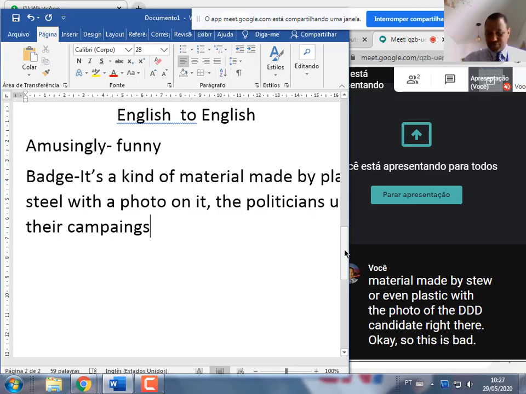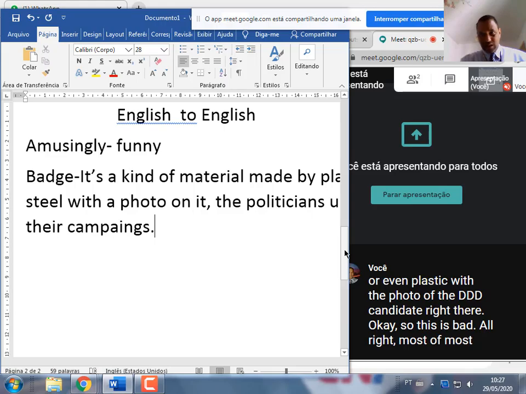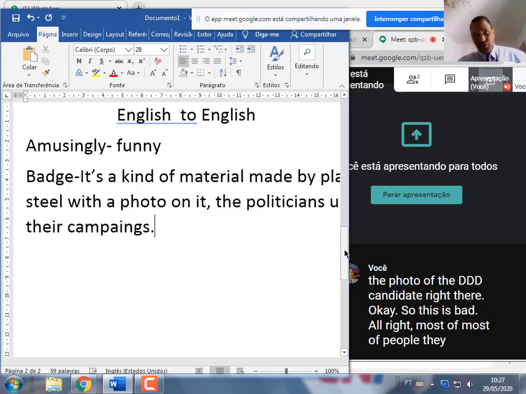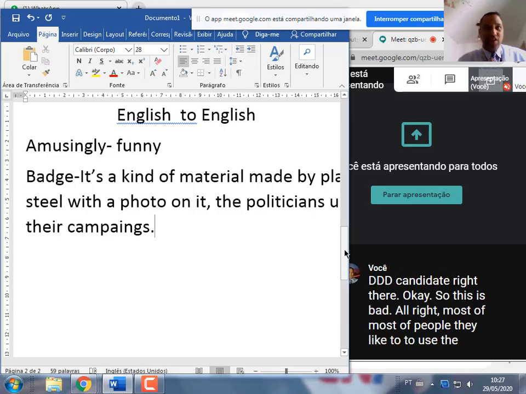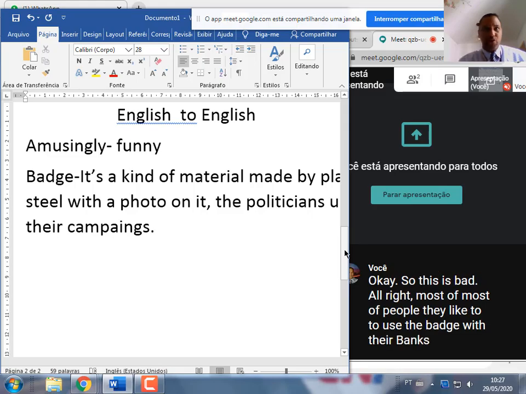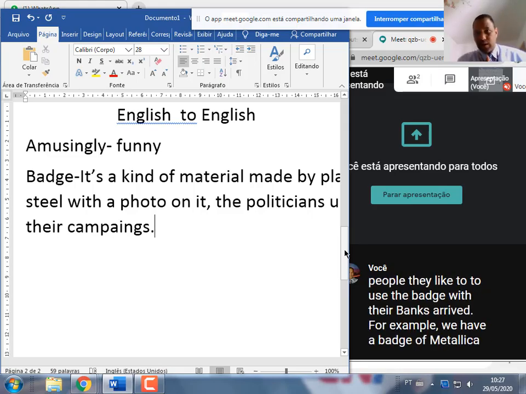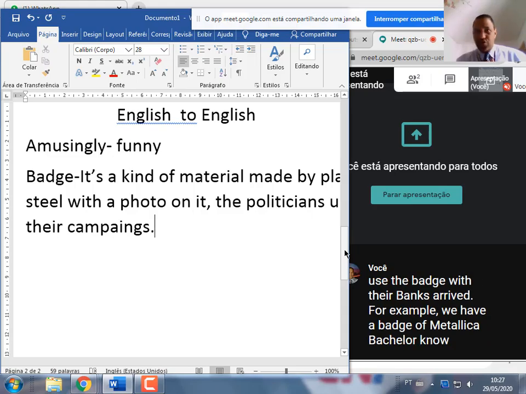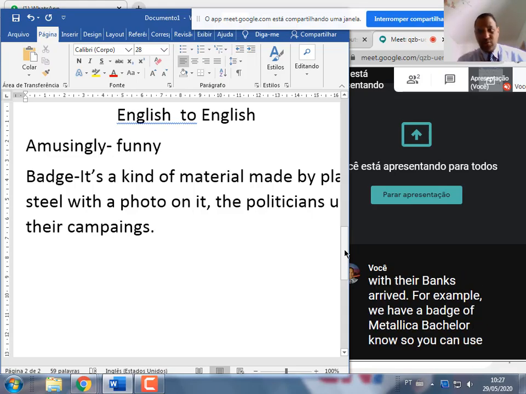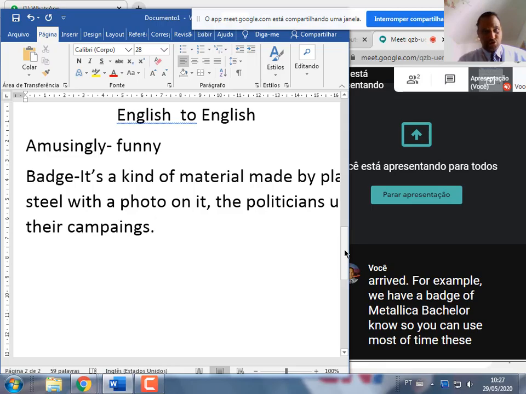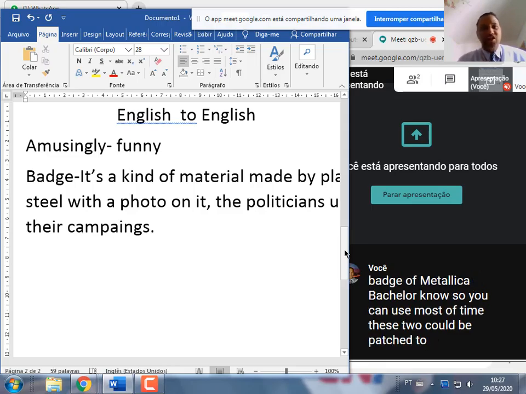All right, most people like to use the badge with their bands. For example, we have a Metallica badge, so most of the time you can use this too, it could be a badge too. It's a kind of button, right?